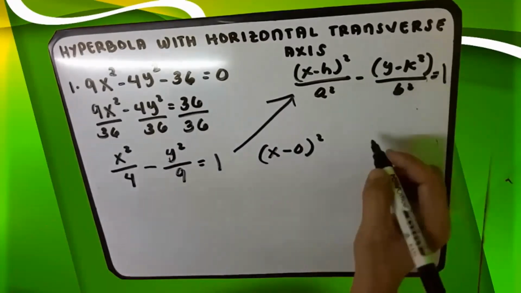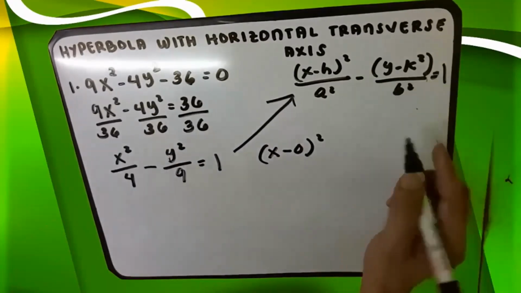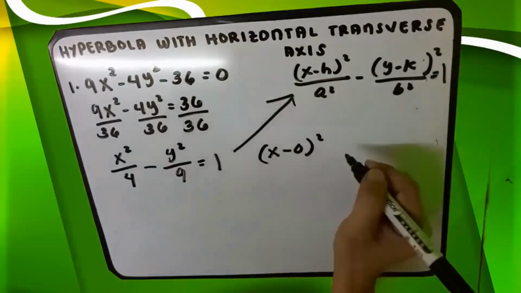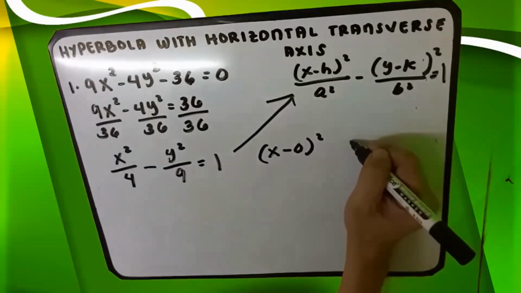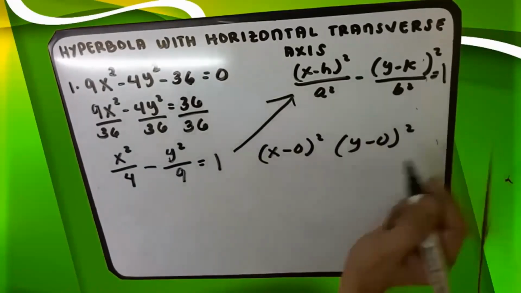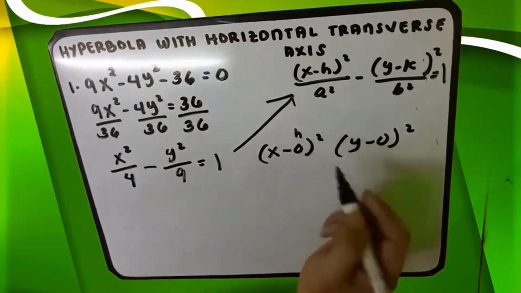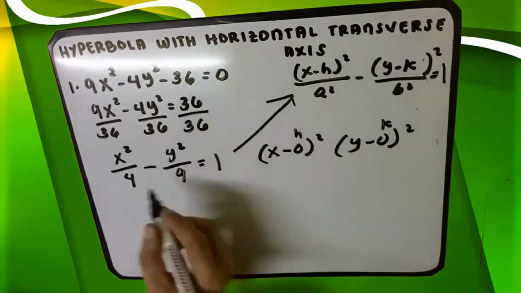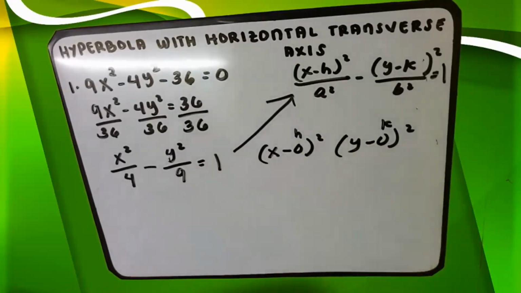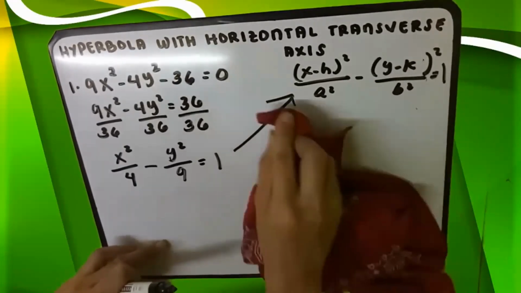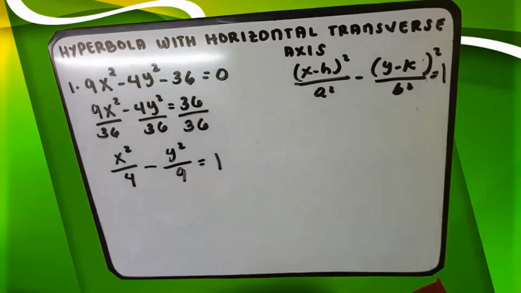At yung y minus k, bakit nasa loob to? Yung y minus k, pwede natin sabihin na ito, yung y minus 0 square. So it means the value of h is 0 and the value of k is also 0. So since 0 siya, hindi na natin inilagay. So this is already the standard form.